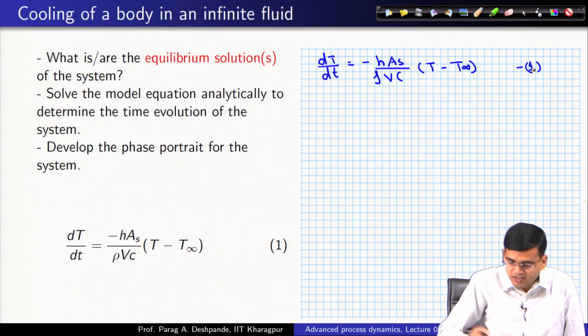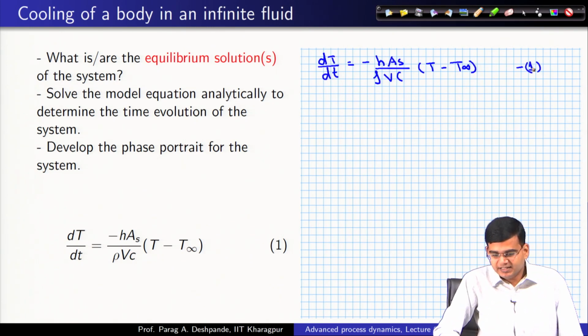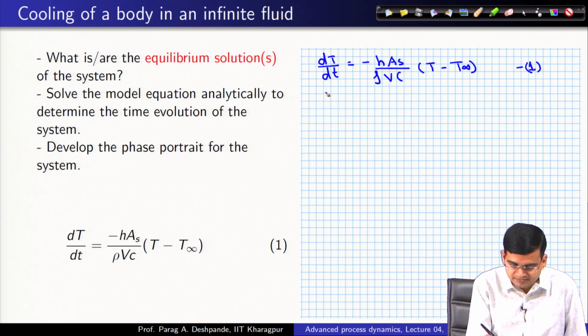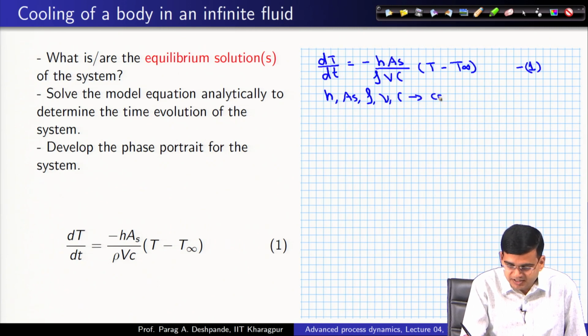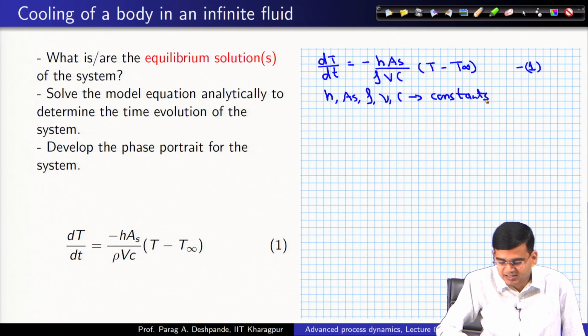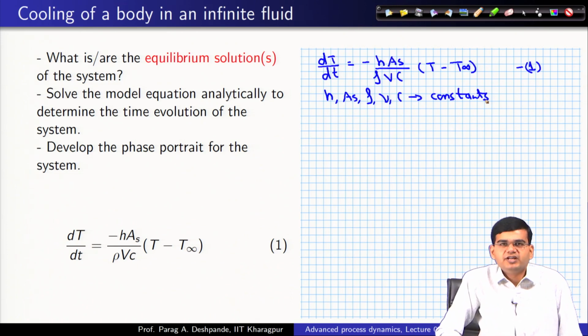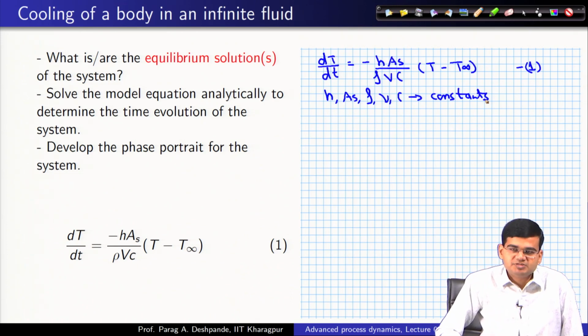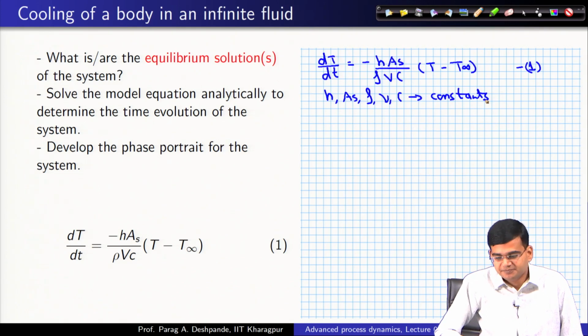Okay. Now, what I see is that under certain approximations, H, surface area of the body, rho, V, C, they all can be considered constants. I am saying that under certain approximations, because over a very wide range of temperatures the specific heat of the body may change and so on, and this is true for all of the properties which have been mentioned here.